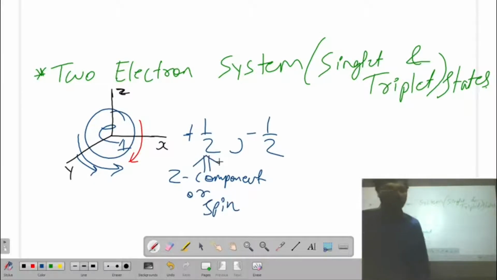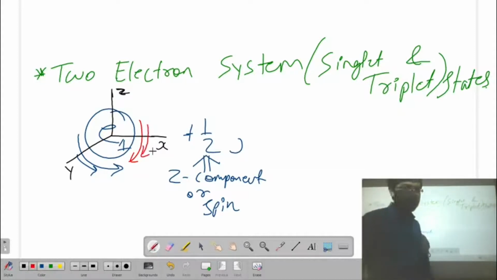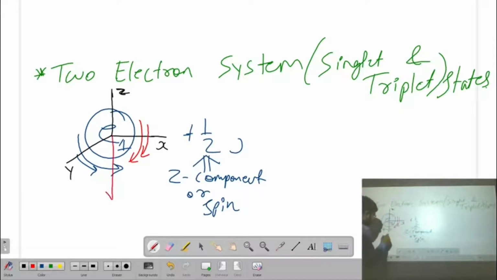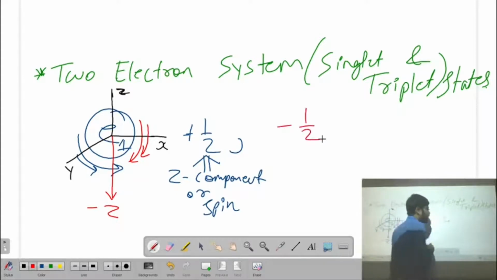And if it is rotating in this direction, then it will have a spin in the opposite direction, that is minus z, so that is minus 1 by 2.